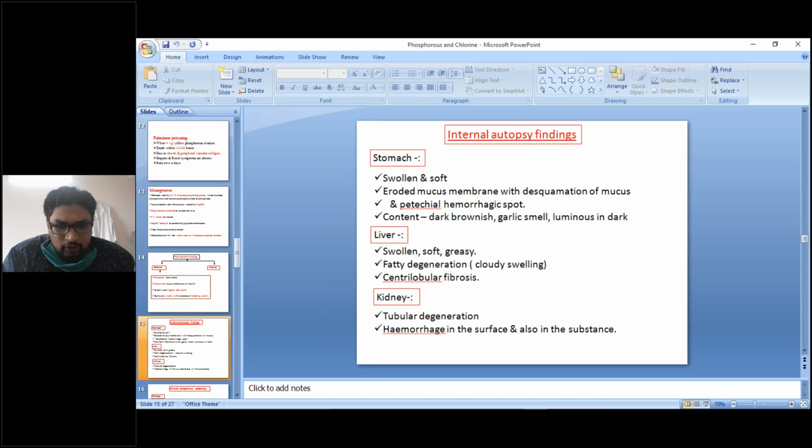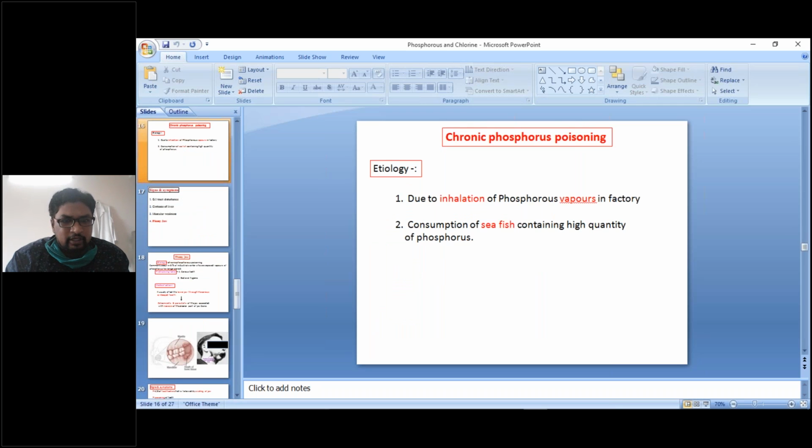So mainly congestive features are more in the internal findings: there is swelling, softness, and desquamation.